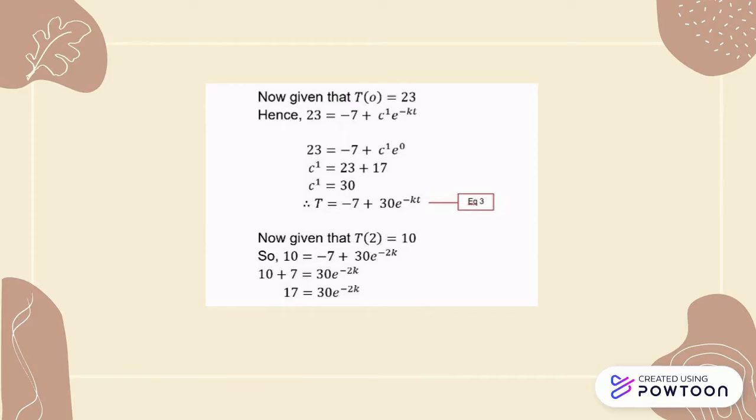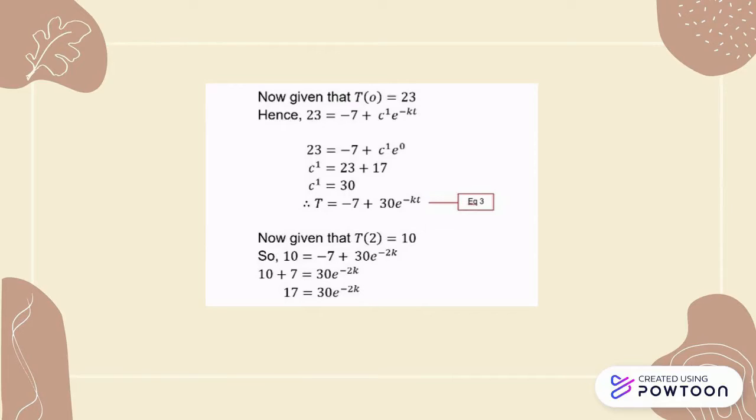Then we solve the problem and we will get C = 30. And then we will get T = -7 + 30e^(-kt). This is equation 3.